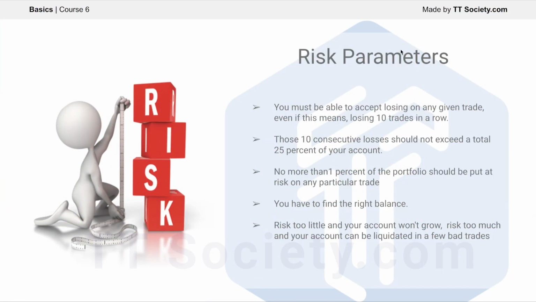Risk parameters. So again, to summarize today, we've looked at risk reward, at position sizes, at win ratios, money management, okay? In general, you must be able to accept losing. Every trader is going to lose at one point, even if that means losing 10 trades in a row.